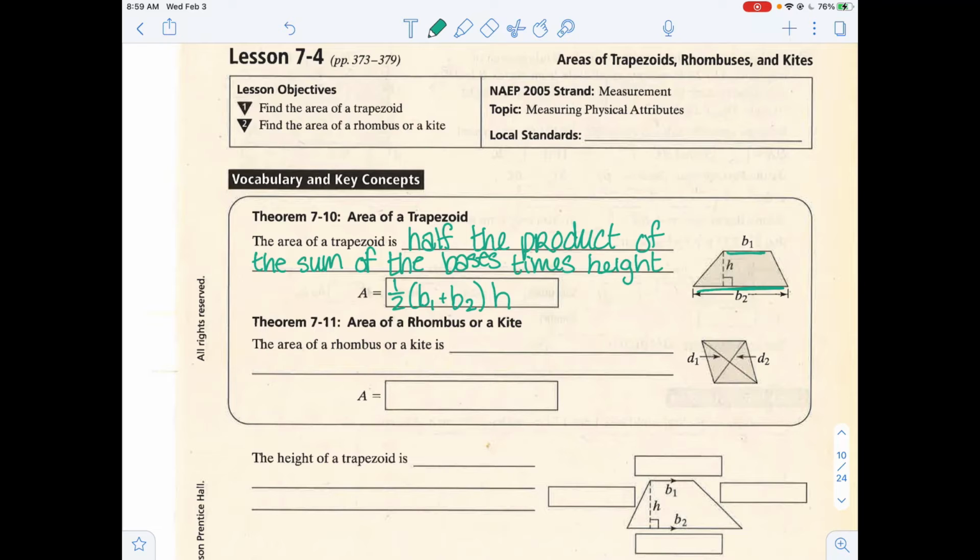Then theorem 7.11 is about the area of a rhombus or a kite. And the area of a rhombus or a kite is half the product of the lengths of its diagonals.